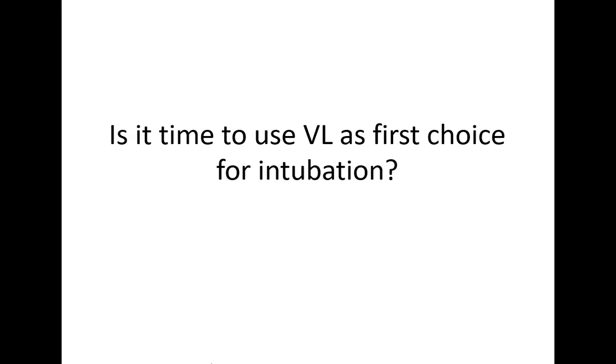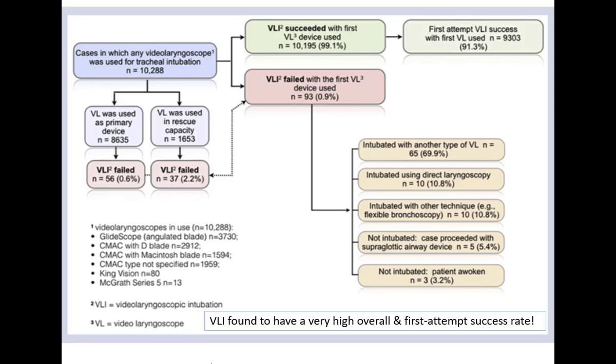Okay, the second point I wanted to emphasize again was that we talked about using video laryngoscope in an emergency for the first time, right? Here, this is just an abstract, but it's more than 10,000 cases where video laryngoscopy was used as a first device, and the success rate was 99.1%.